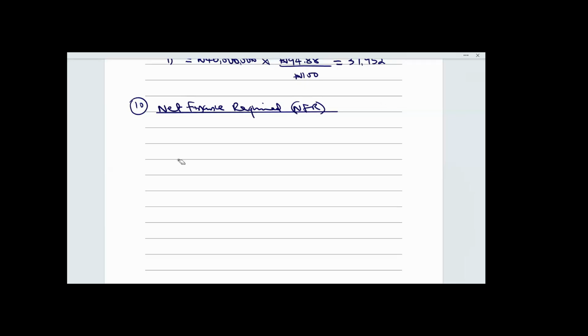So to now gross it up, first thing first, I will determine this net finance required. What the company has received is the initial outlay required for the project, plus any working capital.